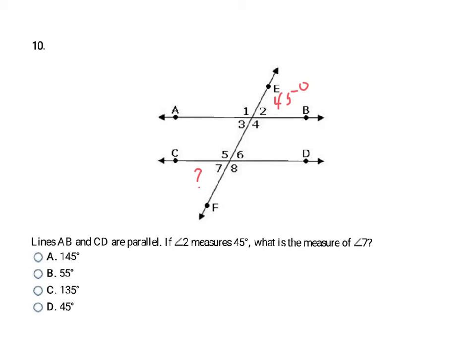So that means they're going to be alternate exterior angles, which means that they both are going to be 45 degrees, which is going to make my final answer D. You can also remember the pattern that if angle 2 is 45 degrees, then all four of these angles will also be 45 degrees.